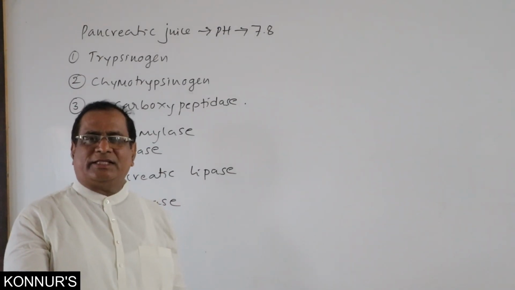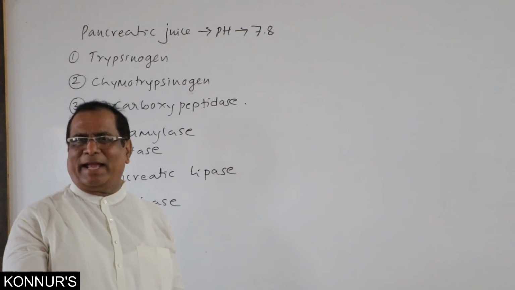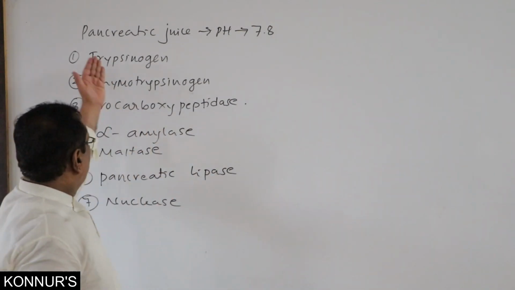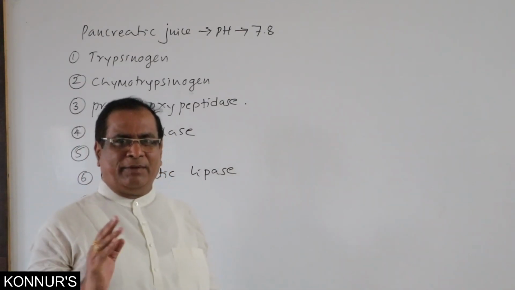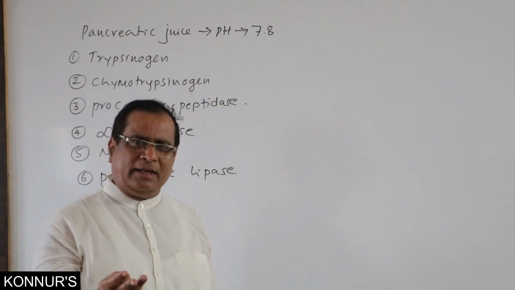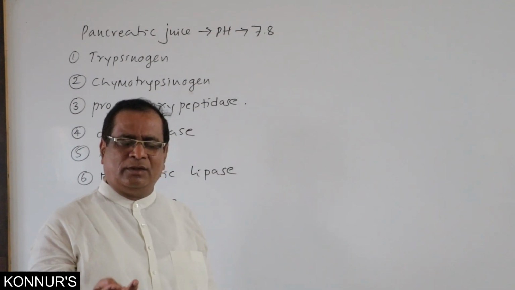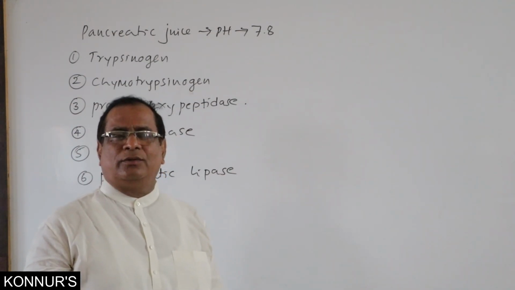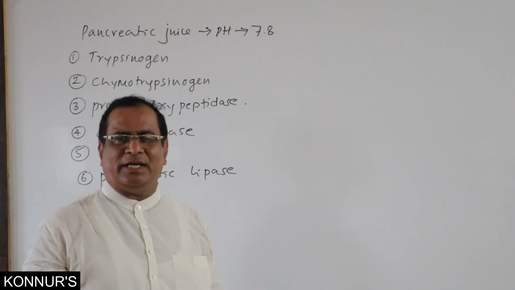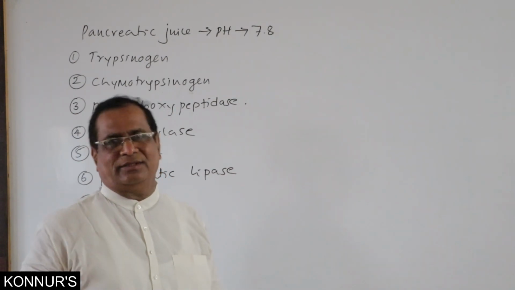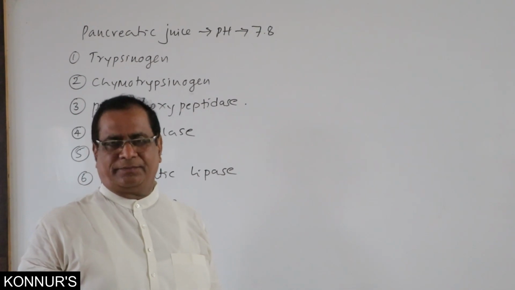That acinus part secretes pancreatic juice. That pancreatic juice is having the pH 7.8. Remember, whether it is bile or intestinal juice or pancreatic juice, they are there in the duodenum where the pH is maintained around 7.8, alkaline pH.